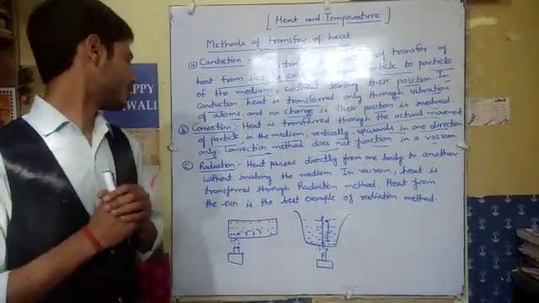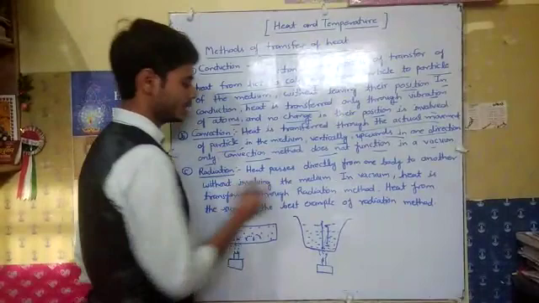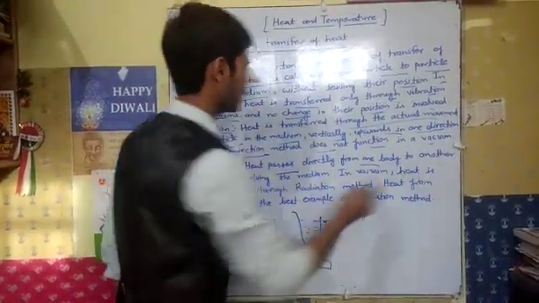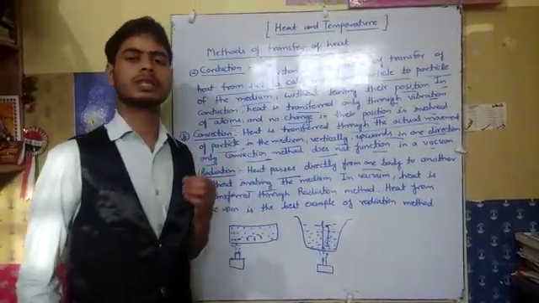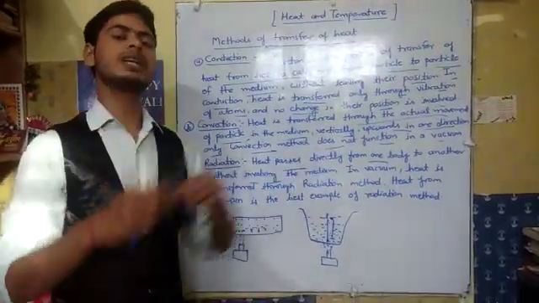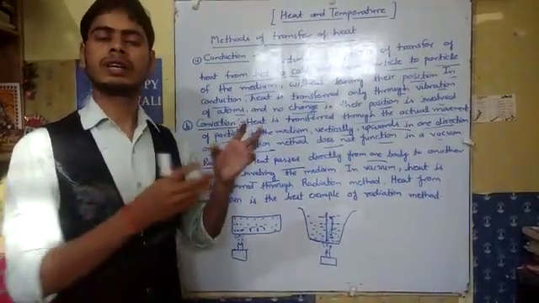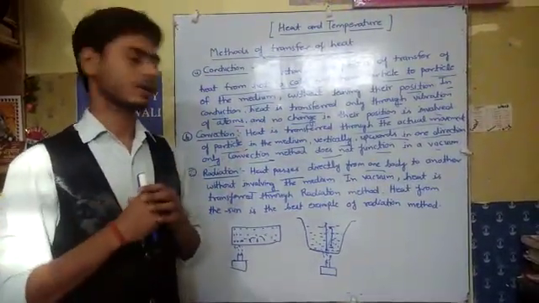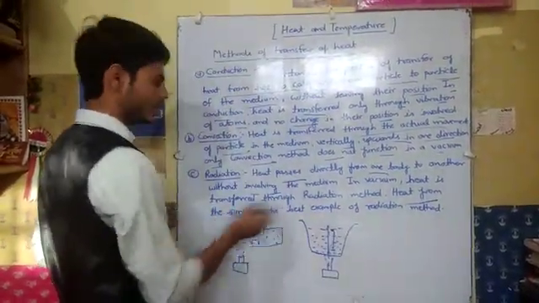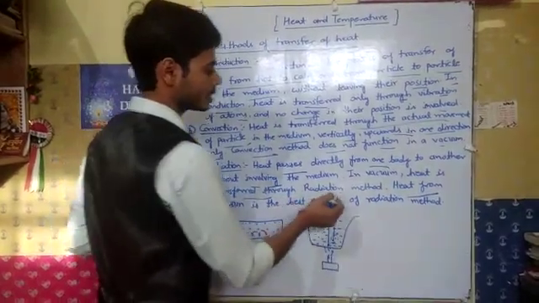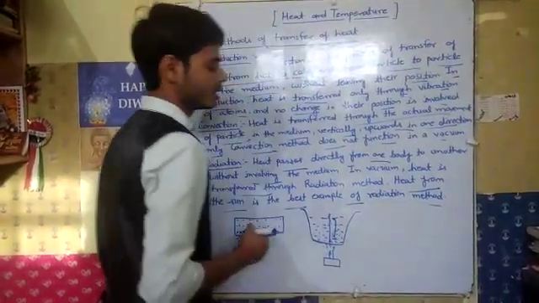And after that, the third one is radiation. In radiation the heat passes directly from one body to another body without involving a medium. That means in the radiation process no medium is required for transferring the heat from one place to another, or we can say from one body to another body. For example, heat transferred from the sun is the best example of the radiation method.